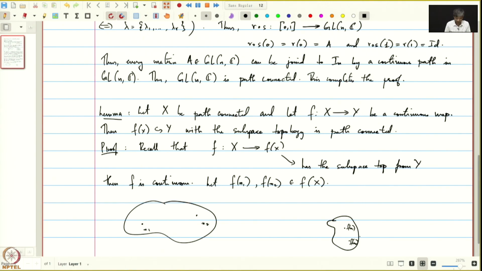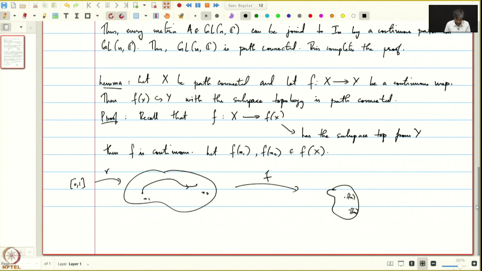So since X is path connected, there exists a path which joins X1 and X2, and this is f. Since X is path connected, there exists gamma from [0, 1] to X such that gamma of 0 is X1 and gamma of 1 is X2, right?